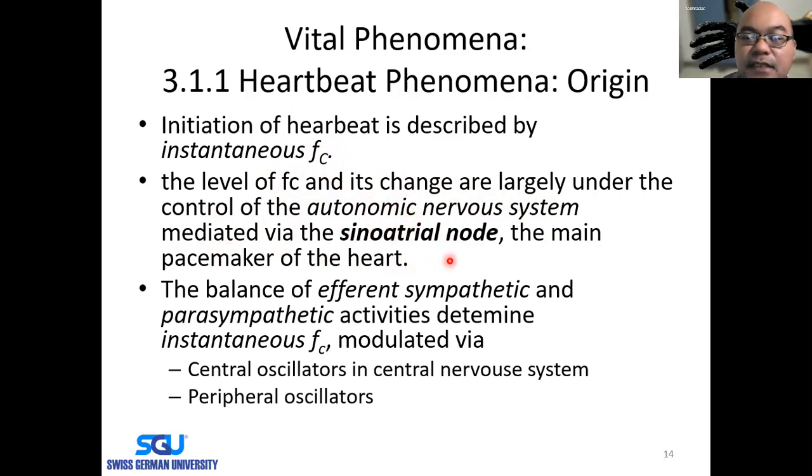This is mediated via the sinoatrial node, the node in the upper end of the heart, which functions as the main pacemaker of the heart. So the balance of efferent, sympathetic, and parasympathetic activities will determine the instantaneous heartbeat frequency, modulated via the central oscillator in the central nervous system, as well as the peripheral oscillators.